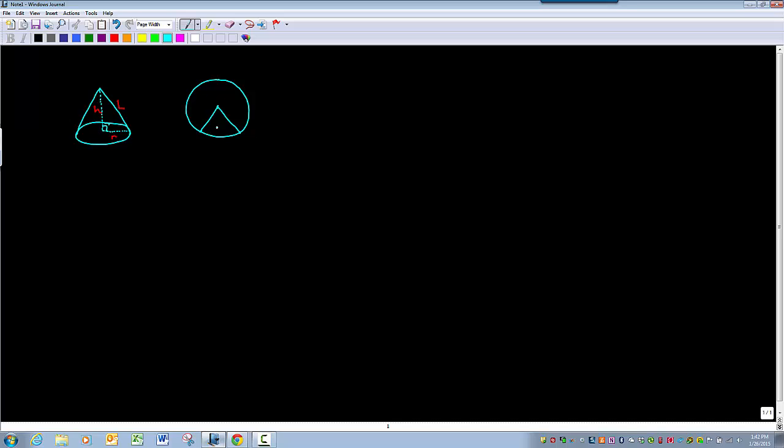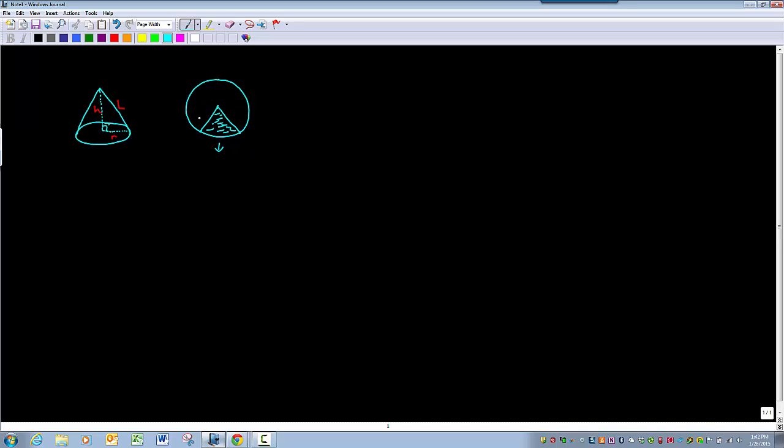Anyone who's ever made a cone out of a flat piece of paper draws a circle, cuts a piece out, removes that piece, and then puts these two edges together to get the cone.